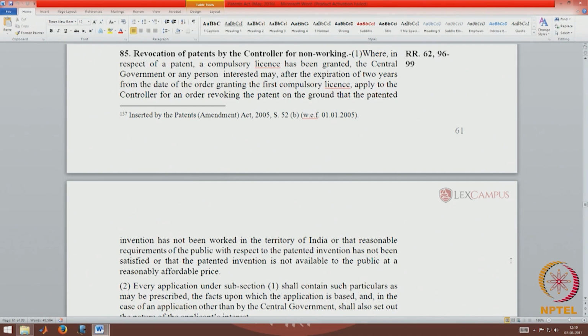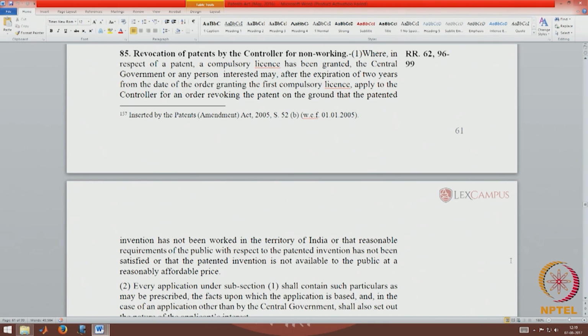The third ground on which a compulsory license could be granted is the fact that the invention was not worked locally. There was no commercial manufacture on a local scale within the country. Now, what happens when the patent is not worked?